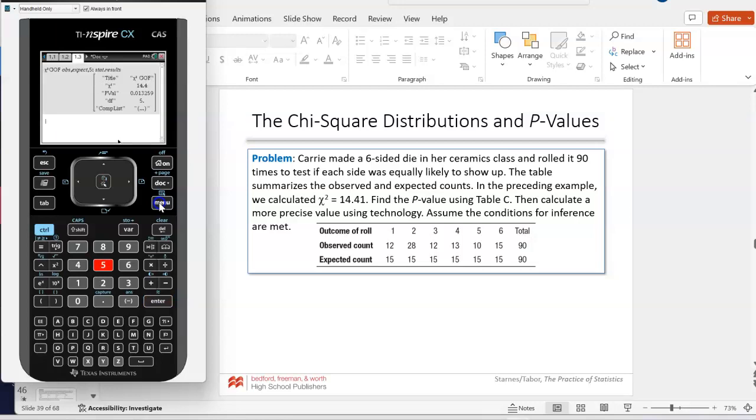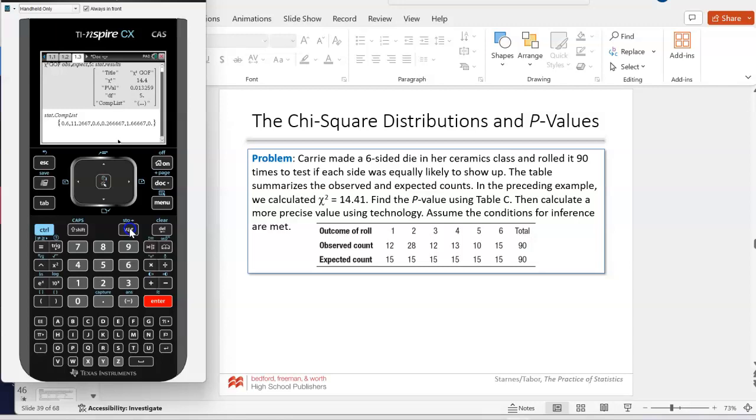The chi-squared, remember that number 14.41? There it is, the p-value 0.013, degrees of freedom. It even gives you the comp list. What in the world is the comp list? If you hit the variable key and go to comp list, it tells you which number contributed to each one of those. So for rolling a 1, it was 0.6, part of the 14.41.